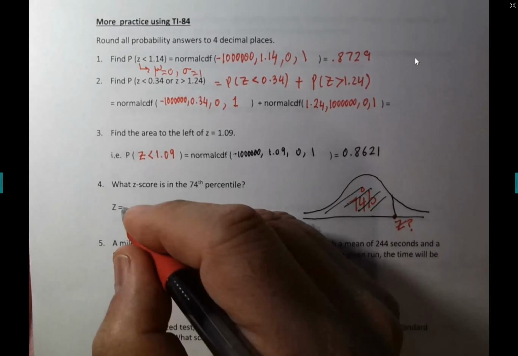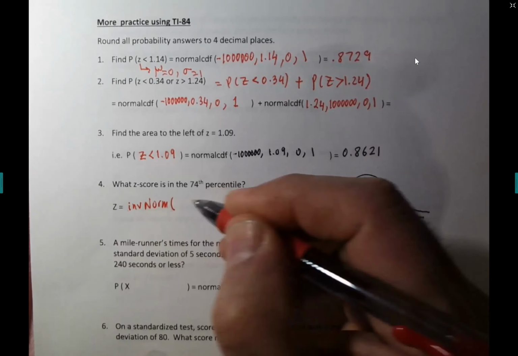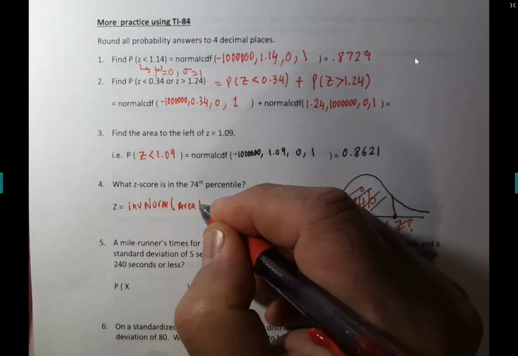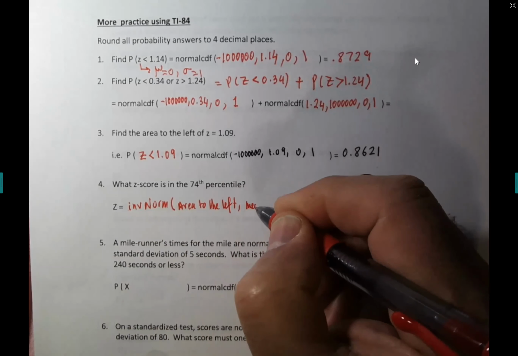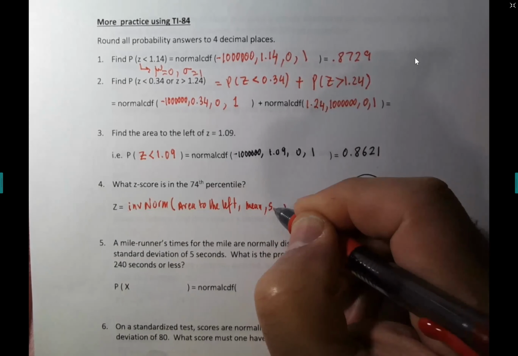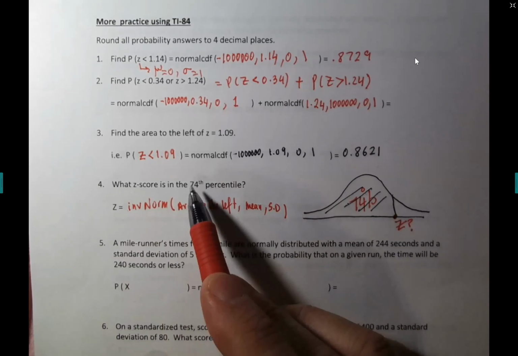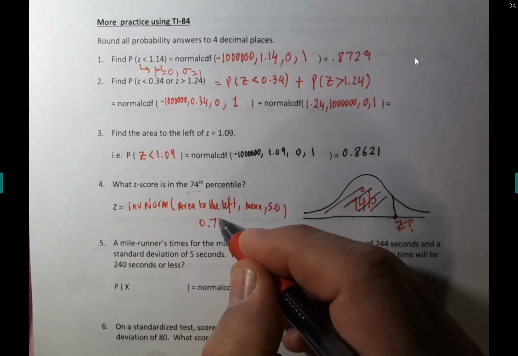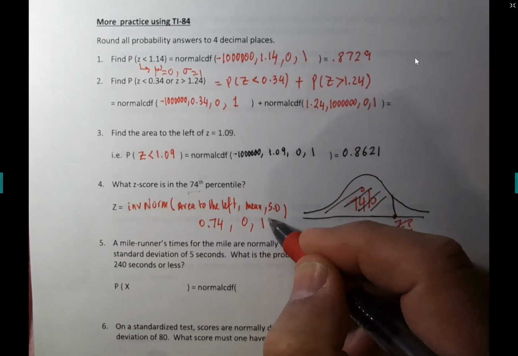So that will be inverse norm. The inverse norm requires 3 arguments: the area to the left, a mean, and a standard deviation. The area to the left for percentile is the percentile that he gives you, which will be 0.74. And since it is z, we know the mean is 0 and the standard deviation is 1.